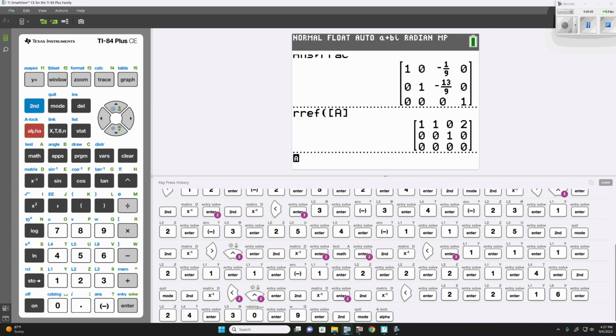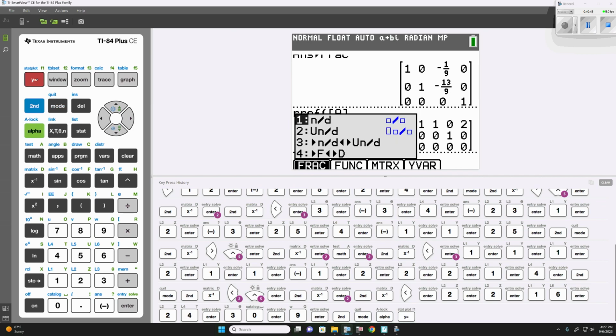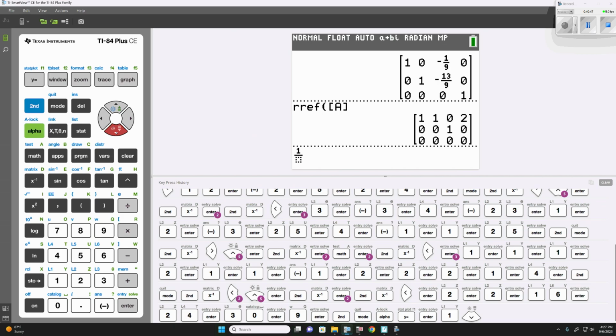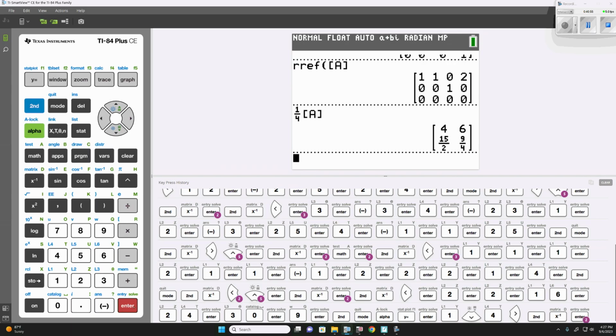And to do a fraction in the graphing calculator, we do alpha y equals enter 1/4. And then we do second matrix, recall the matrix that we have, A. So 1/4 times A, which is this here: 4, 6, 15/2, 9/4. And again, having them both as fractions or both as decimals will work.